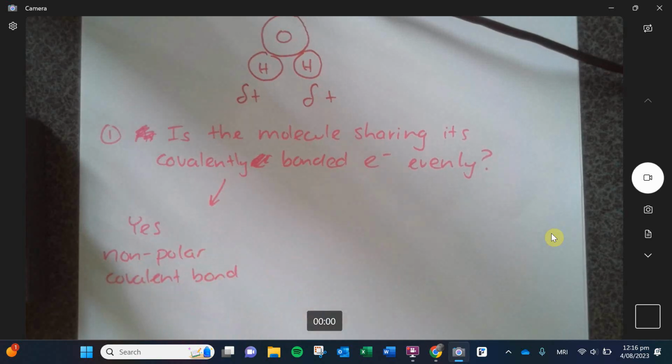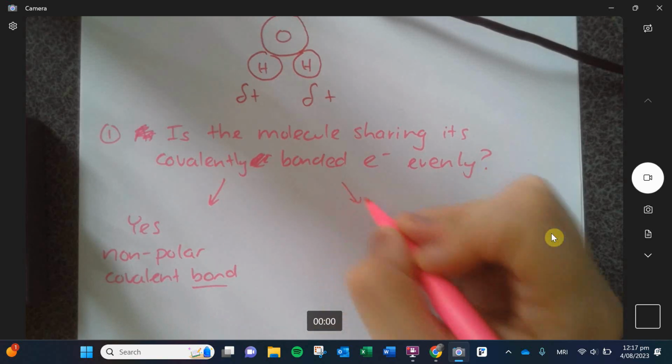Now, unfortunately, we are going to be talking about polar and nonpolar in two different contexts. We're going to talk about it in the context of the overall molecule and in the context of the bond. It's really important that you distinguish the two, because otherwise it can get very confusing. So that's why I'm saying bond here.